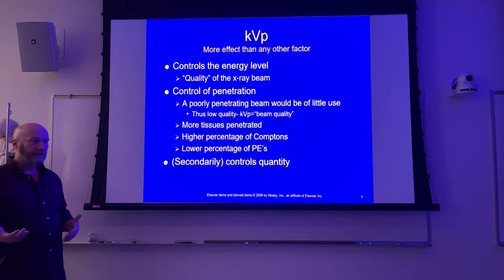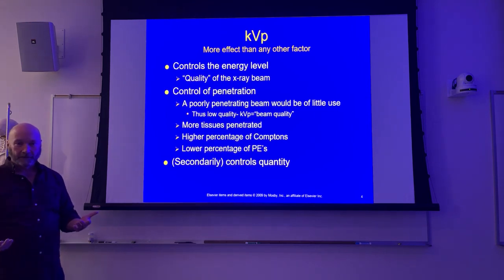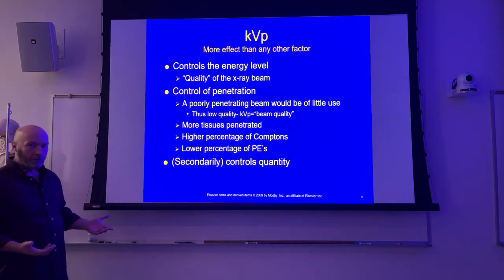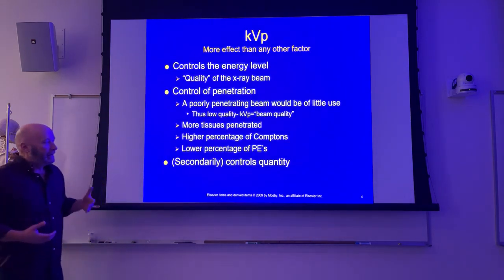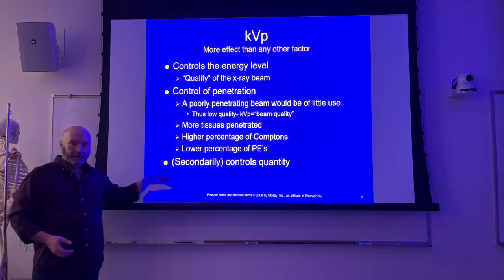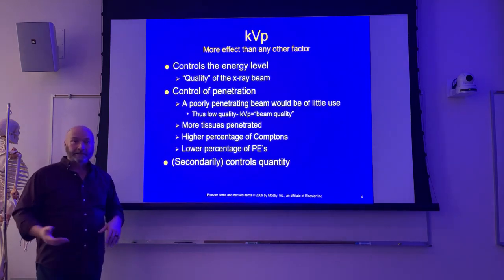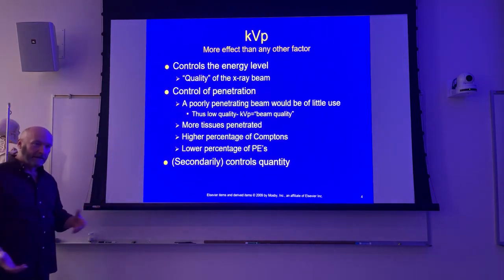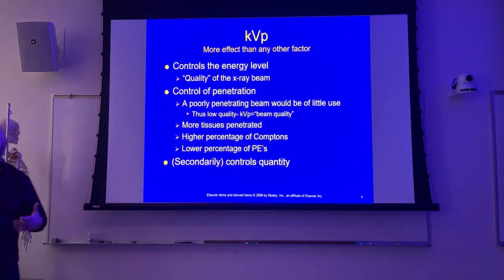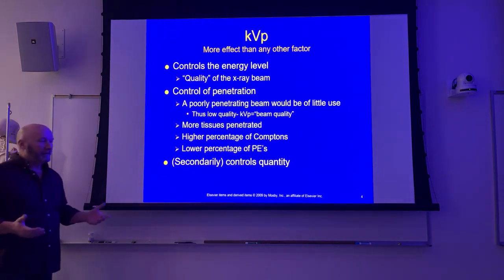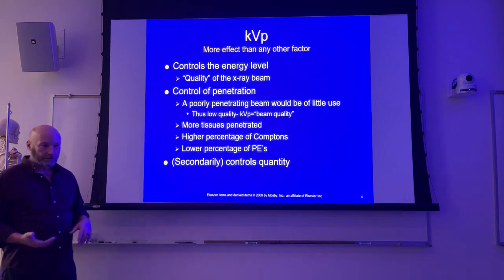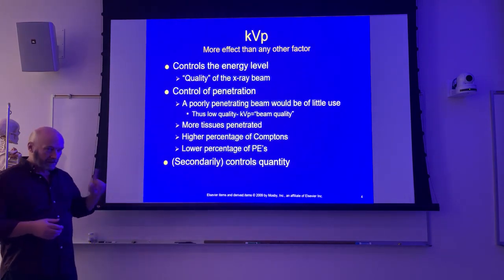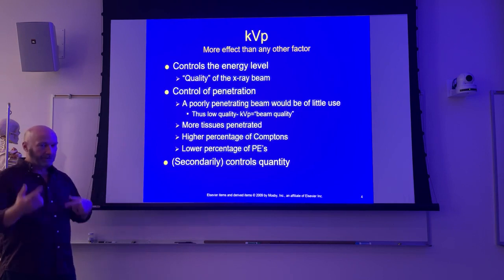The only thing that you change is the quantity, right? So we use mAs to control that, and kVp secondarily will. If you increase your kVp, you're going to increase quantity drastically. But again, you're going to change all this other stuff as well. So for now, we don't want to use kVp to directly control quantity. We want to use mAs. Again, I'm going to say this all the way through your second year.